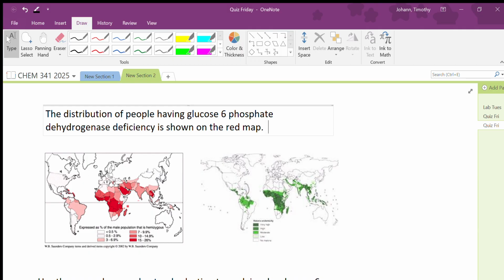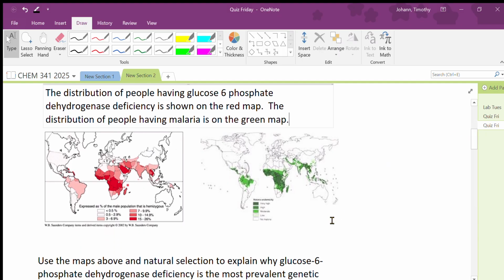The distribution of people having malaria is on the right map. So we'll say the green map.